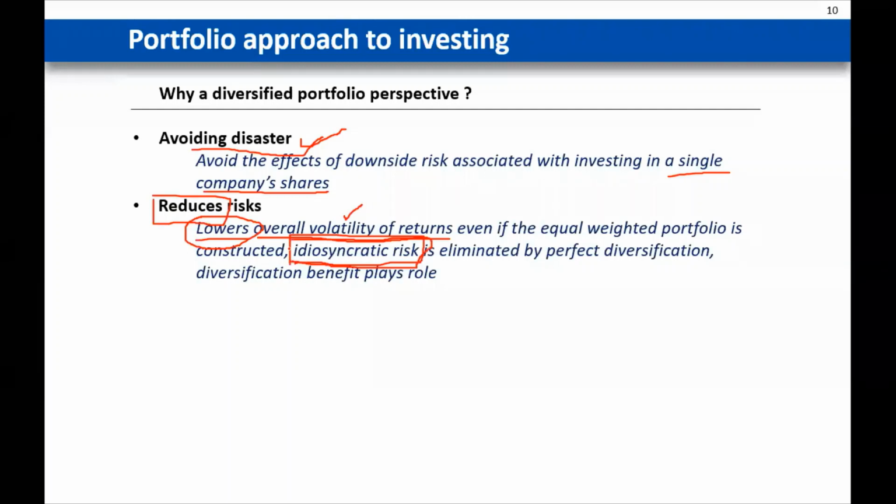The word is not familiar to many of us when we see this kind of term in financial news or articles. Idiosyncratic risk is company-specific or instrument-specific risk, which can be diversified.